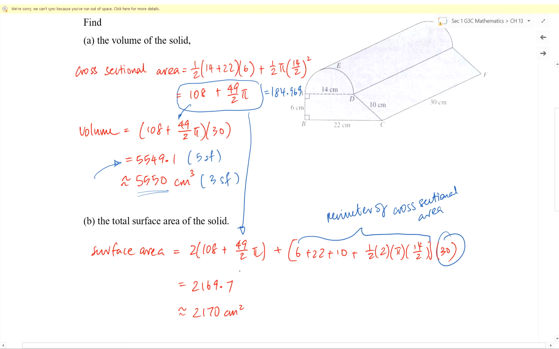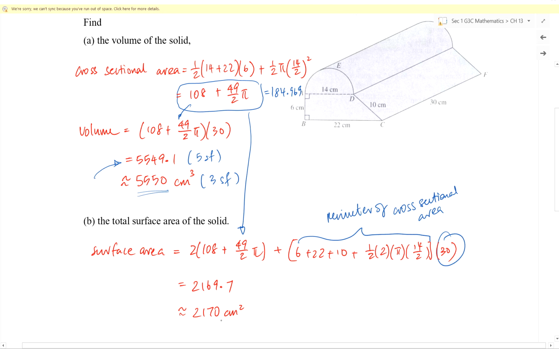So again, you notice I key in the exact value. I didn't use any 5SF or 3SF, although 5SF is still okay. Just later on, your final value will not be as exact as mine. But after rounding up to 3SF, we should be very close to each other. So this will be 2170 square centimeters.